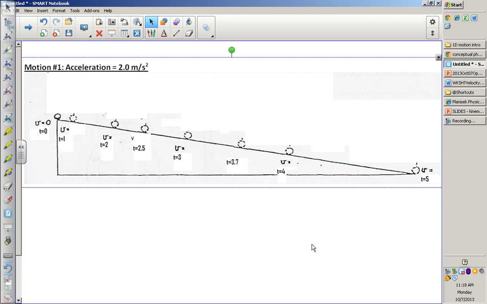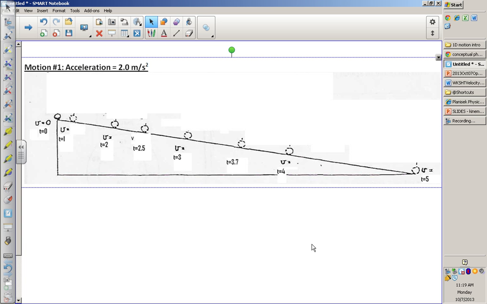Faster. And if it's going faster, how far is it going to go each time? If it's going faster each second, that means it's going to go farther each second because it's going faster. Is that good? Okay. All right. We okay with that?